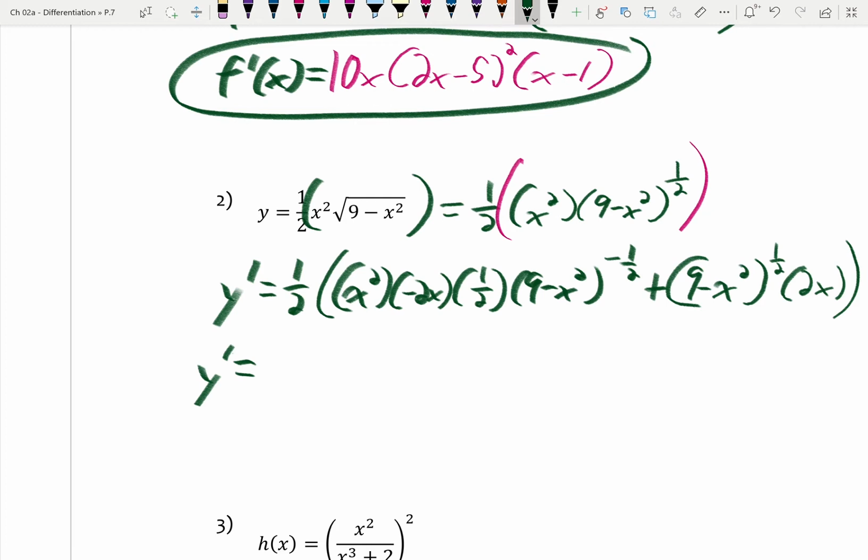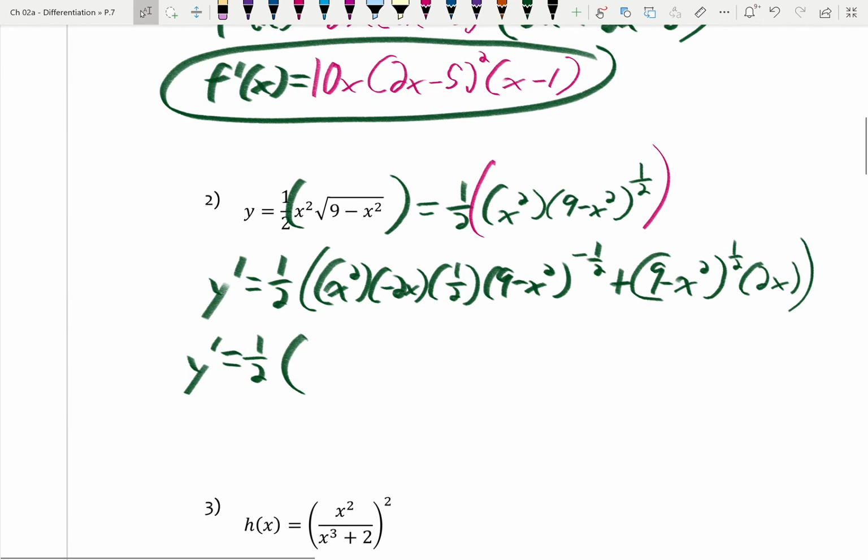We're not. Okay, 1/2. I am going to do a couple of things here just to clean this up. Before I deal with any of this, I'm going to factor out what I can, and the simplest thing is a single 2x. That 2x multiplies by the half that's already there and gives me an x.